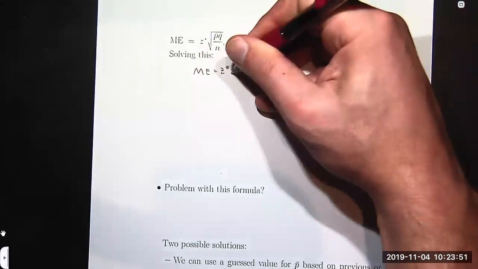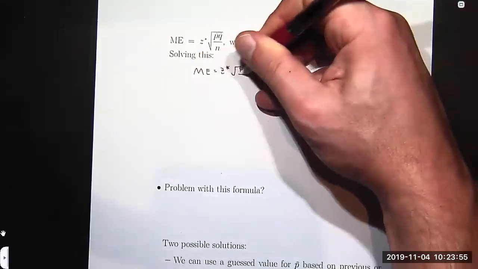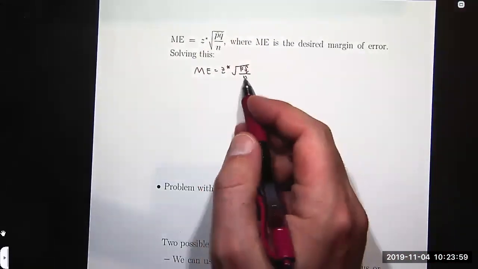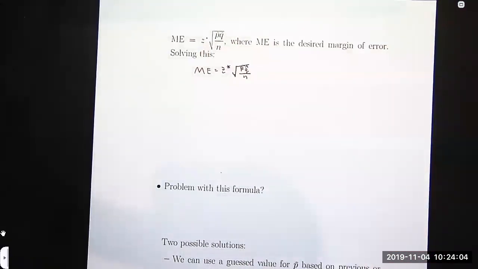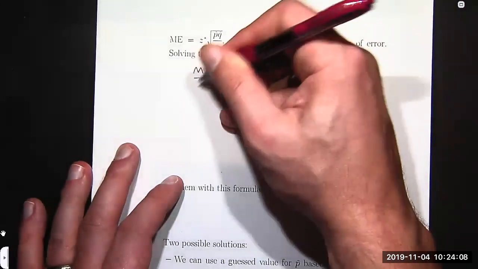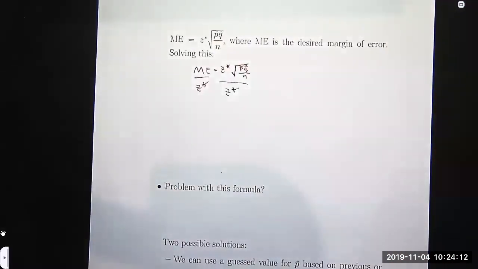So I'm just rewriting it again, all over n. All right, so we want to solve for n, so let's just get z star on the other side. And if you know how to do this already, just tune me out and do it on your own page. All right.